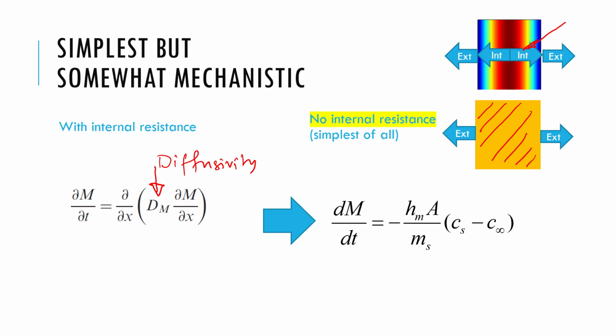this video. You notice that in this equation, here there is no x. It is not a function of position because we are ignoring that. That's what we mean by a lumped system, where we're ignoring variation inside the solid internally.